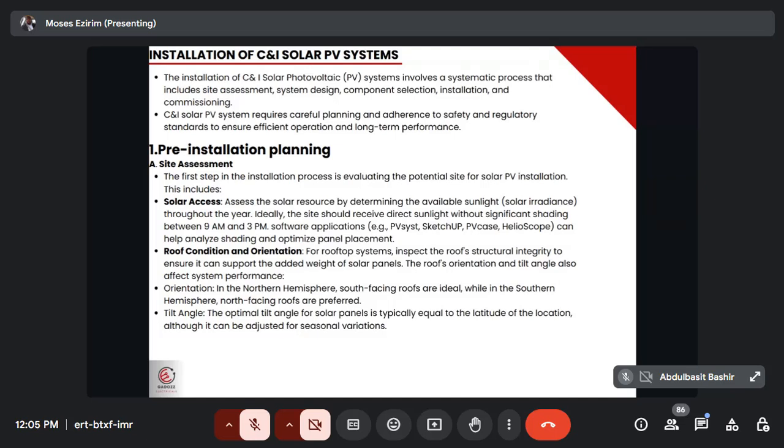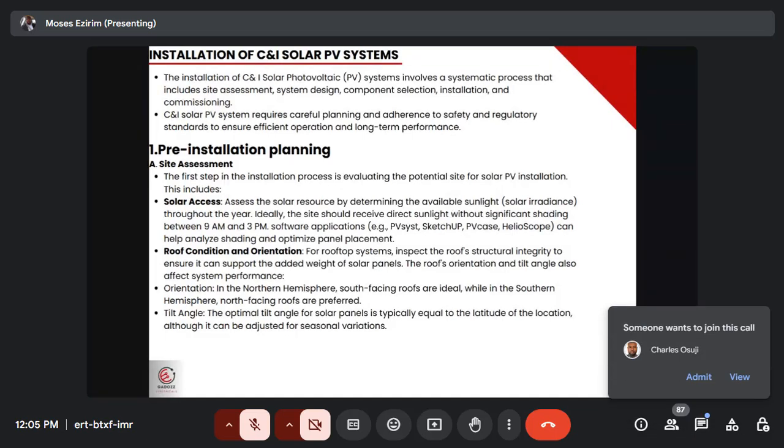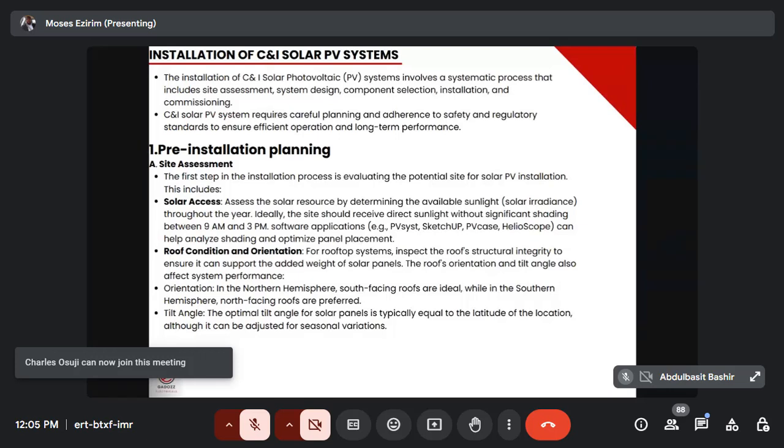Once you've done your shading analysis and ensure that between 9 a.m. and 3 p.m. there is no shading, you can go ahead and do your installation. But when you realize that between 9 a.m. and 3 p.m. there is shading, don't do it. You understand? But if the shading happens by 4 p.m., 5 p.m., 6 p.m., it doesn't count. Don't worry, you can still go ahead and do your installation there. So shading analysis is very, very key in doing your site assessment.